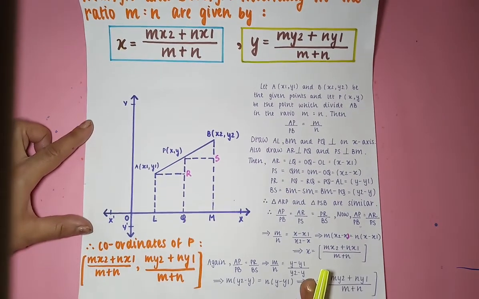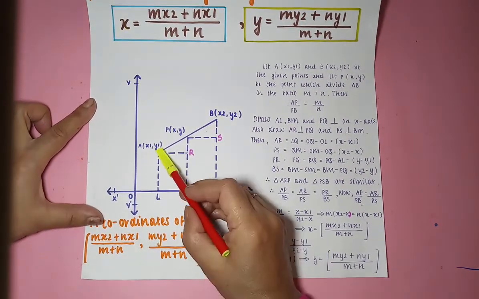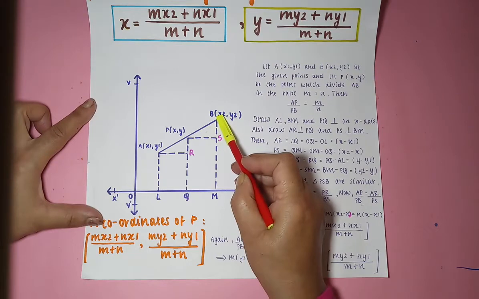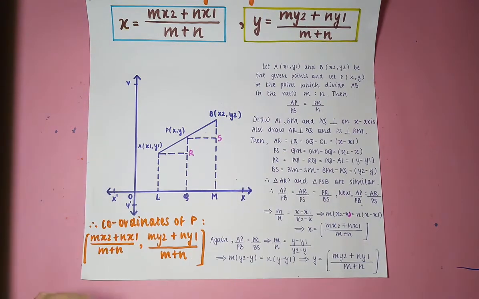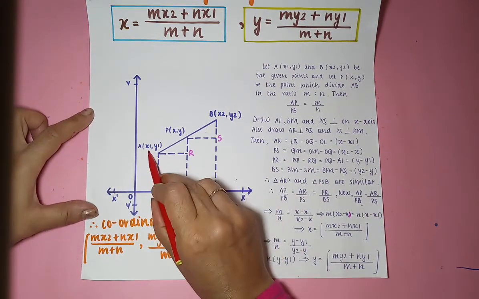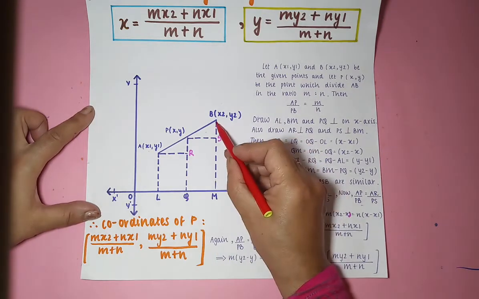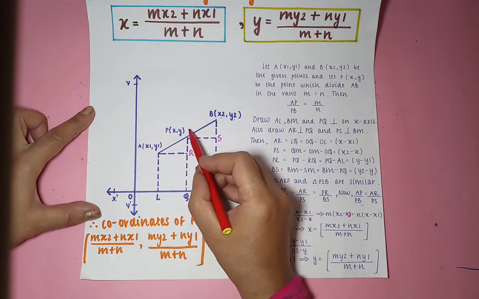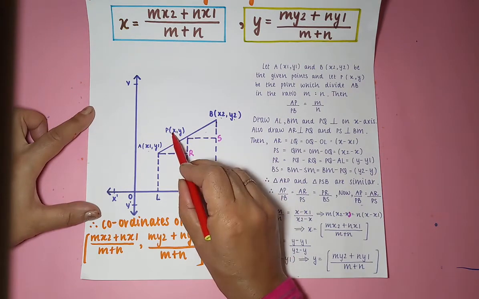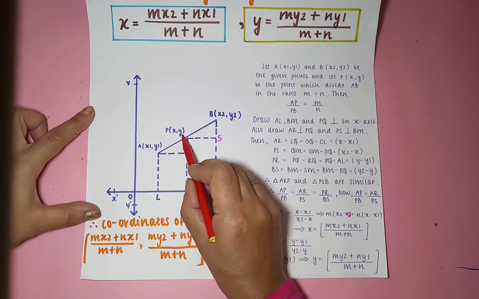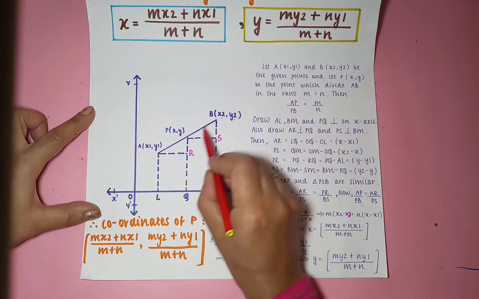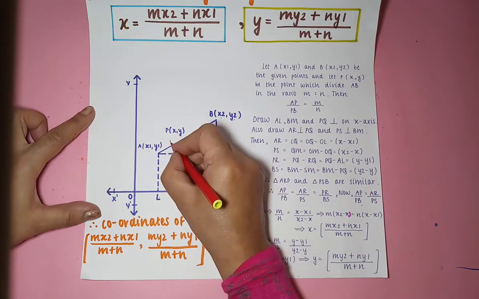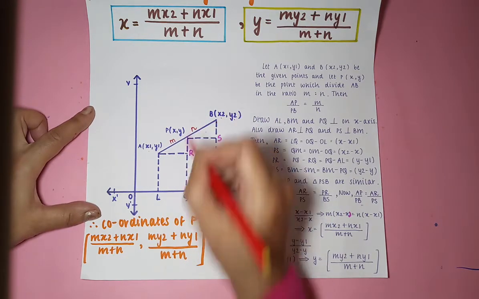Now let's consider a line AB, and we are saying that the coordinates of point A are x1 and y1, and coordinates of point B are x2 and y2. Point P, whose coordinates are x and y, divides this line in the ratio m:n.